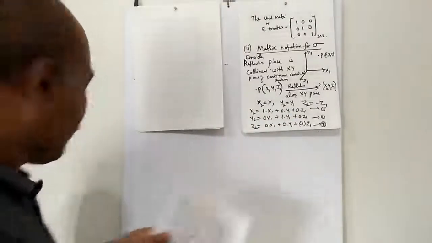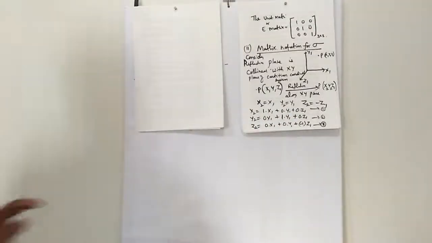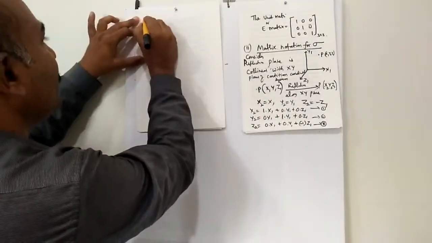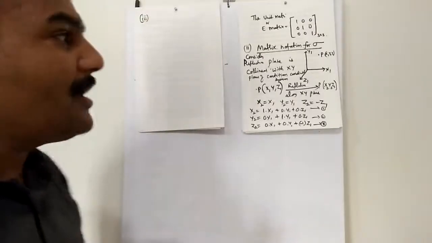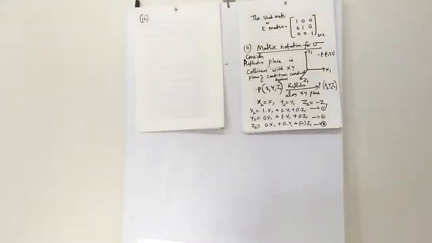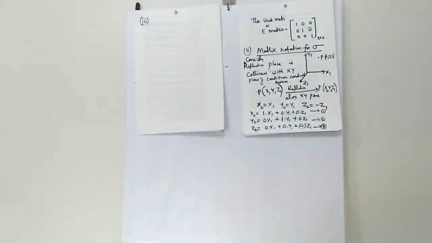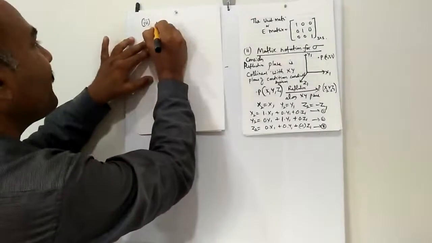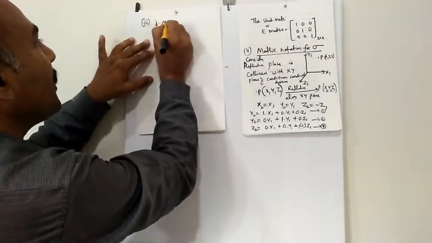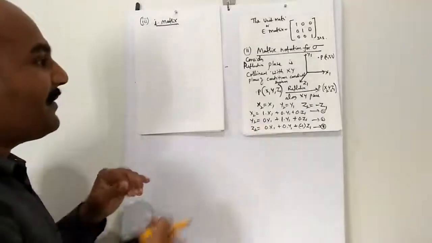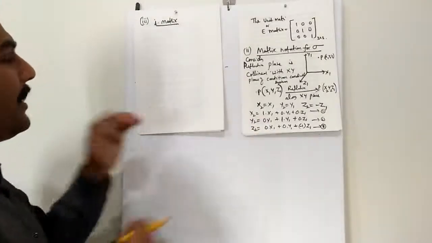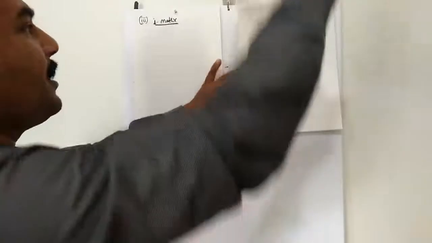Next we will go for the third one, the I matrix. You can derive the matrix notation for the inversion operation. What is the inversion operation?